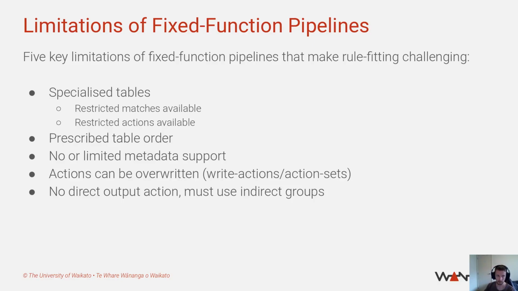I'll get back to that later. Actions may also be overwritten in these pipelines. So in OpenFlow, this is write actions and the packet's action set. What this means is you can add a forwarding decision and then have a table later in the pipeline reverse that decision or override it.